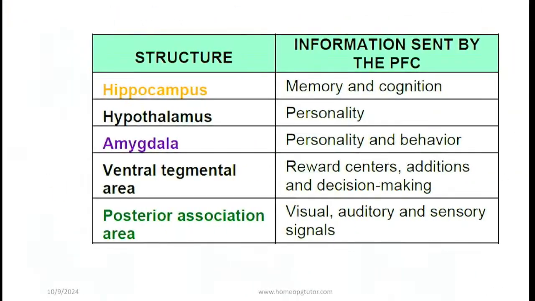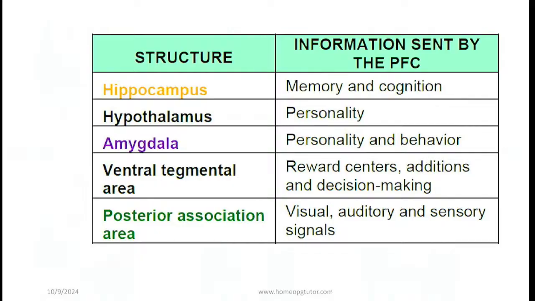Then let us see the information which is sent by the prefrontal cortex. We were just telling that it communicates with the following areas. The hippocampus: the information sent by the prefrontal cortex is basically of memory and cognition. Next, the hypothalamus, that is about personality. The amygdala deals with personality and behavior.